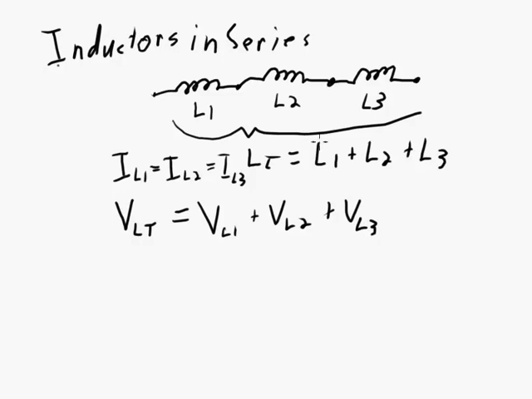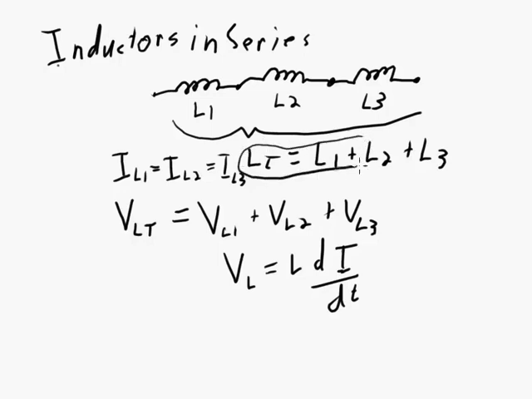So keep in mind those two things, as well as the fact that the voltage across an inductor is equal to the inductance times the rate of change of the current. You should be able to use those three facts to prove that that's true.